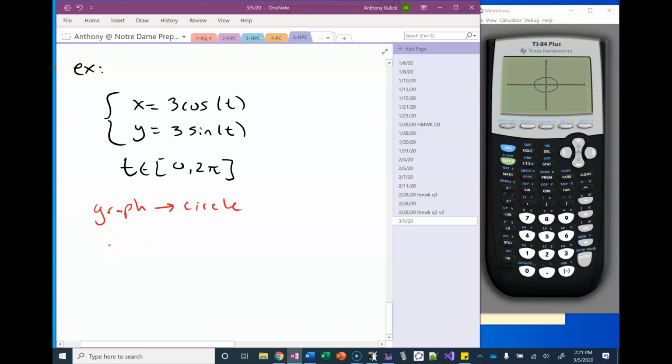Well, a unit circle centered at 0, 0 would be x squared plus y squared equals 1. But we're just talking about a general equation for a circle, any circle.